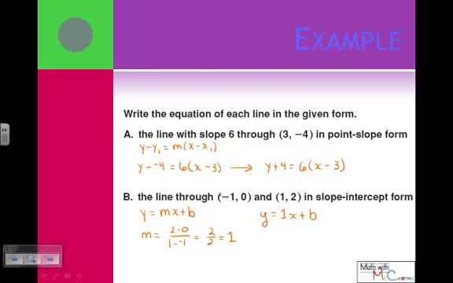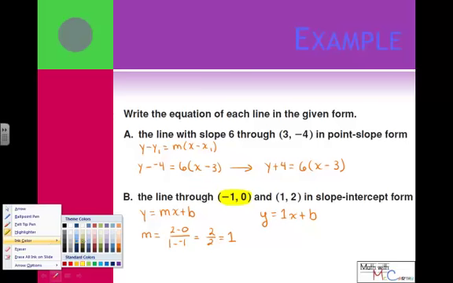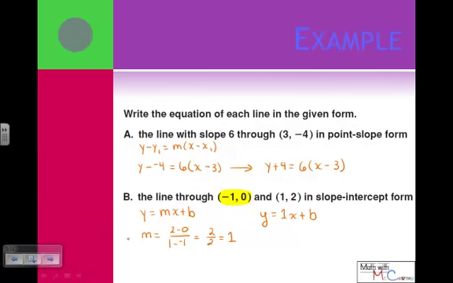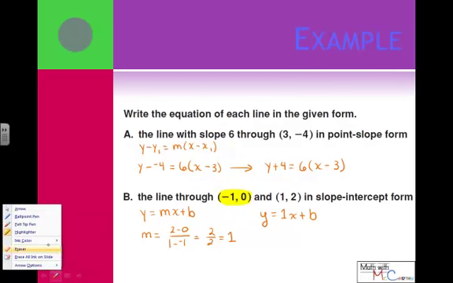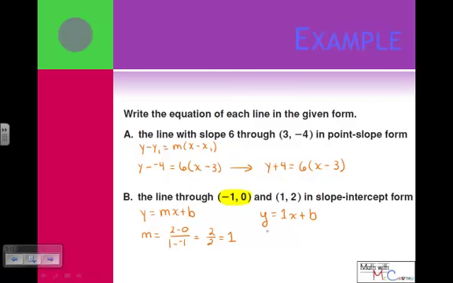I'm going to choose this point here, and substitute it in for x and y because it's a point on the line, and find the value of b. So 0 equals 1 times negative 1 plus b. So 0 equals negative 1 plus b, and b is equal to 1. So the equation of the line in slope-intercept form is y equals 1x plus 1.